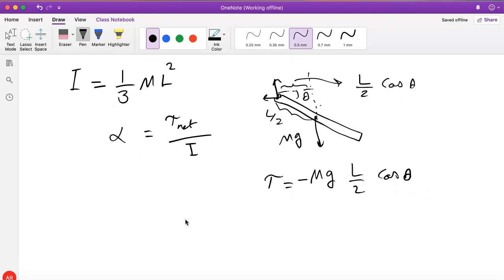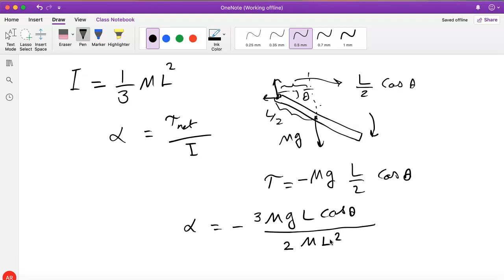Then alpha becomes, right, the rotation is this way. It's causing acceleration in the clockwise direction. So alpha becomes minus mgL cosine theta over 2, the 3 goes upstairs here, ml squared.